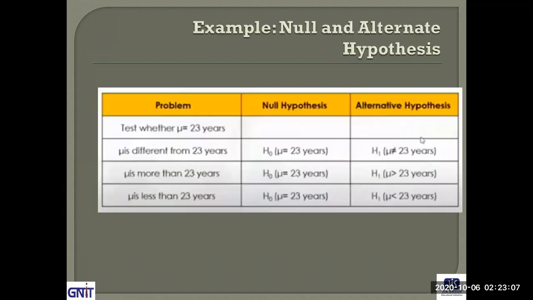So moving to the next slide. Here are some examples of null and alternate hypothesis. You can take an example that after 23 years, students are not much interested to continue their study. Rather, they are interested to continue their job. So this 23 years is the central point.